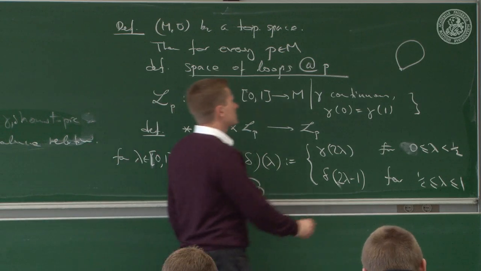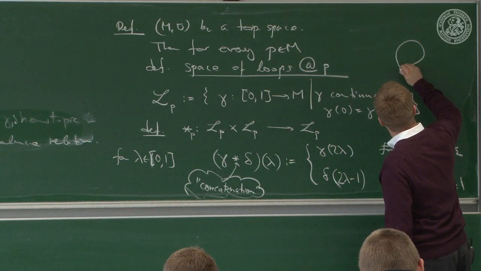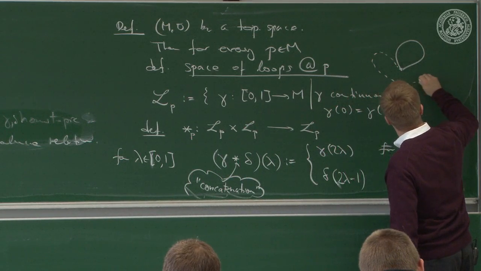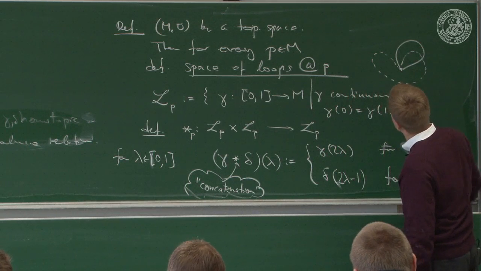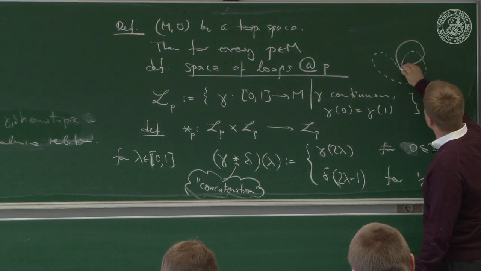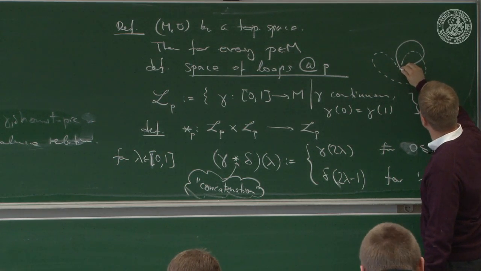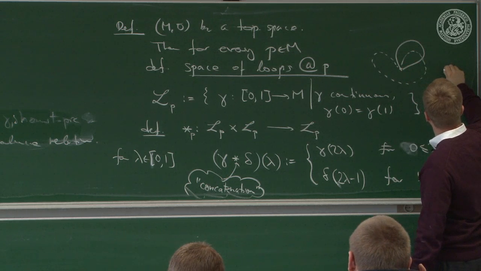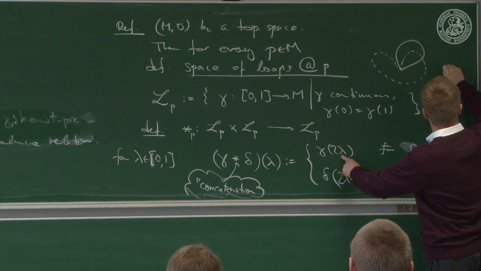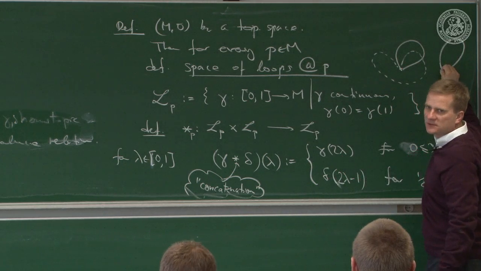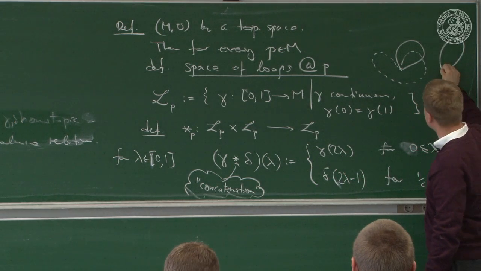And the intuition is you have one loop and you have a second loop, say this one. What you do, if you concatenate them, you get one loop. That's the following loop that consists of, you run through the first loop at double speed. Well, speed doesn't matter to the topology.